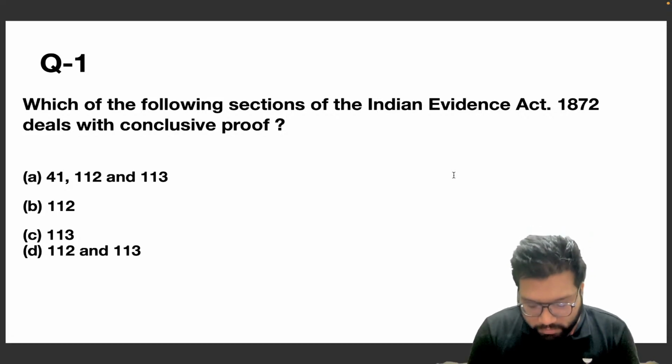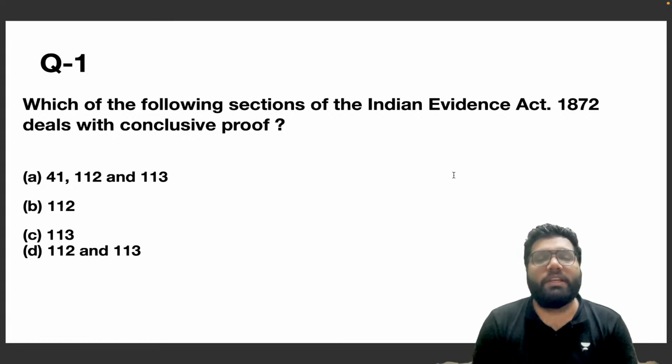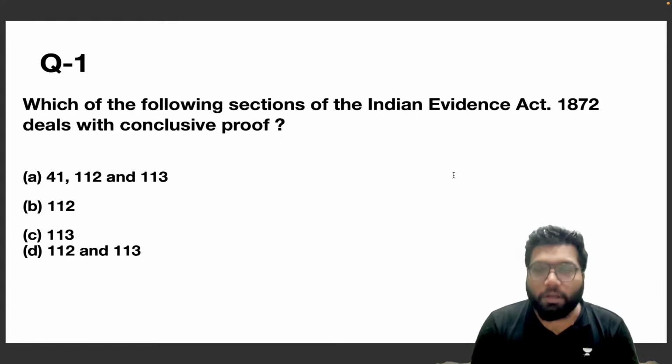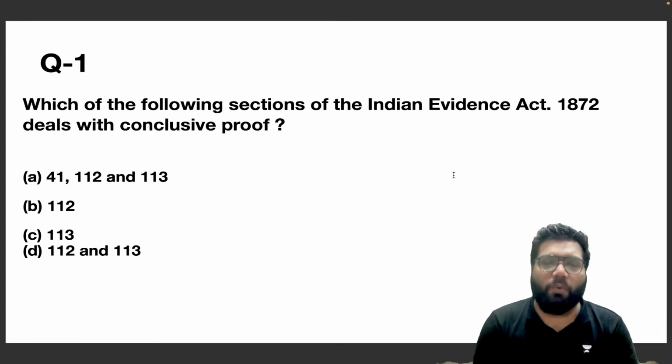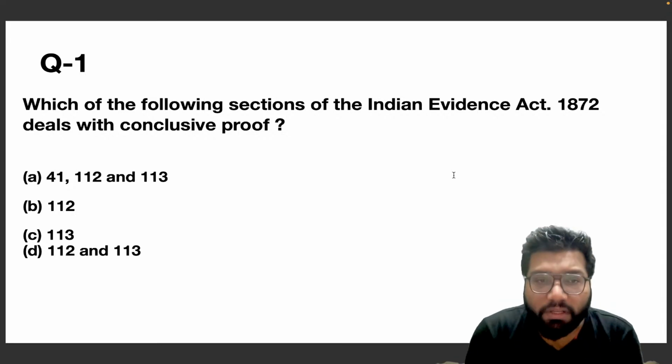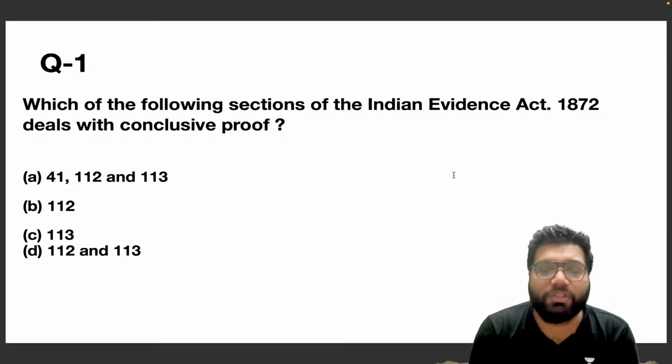Very good evening, Amit. Yes, students. Section number 4 defined the term conclusive proof. What is the major difference between the concept of shall presume and conclusive proof? What is the major difference?